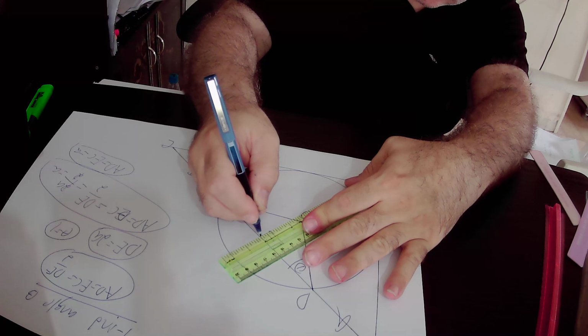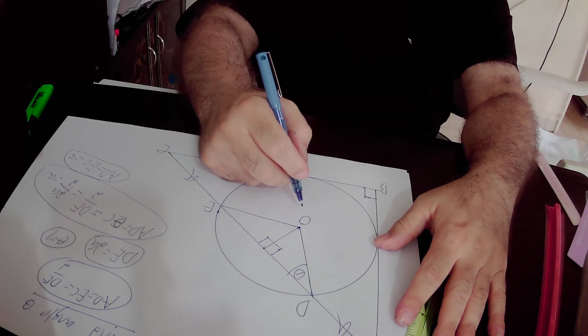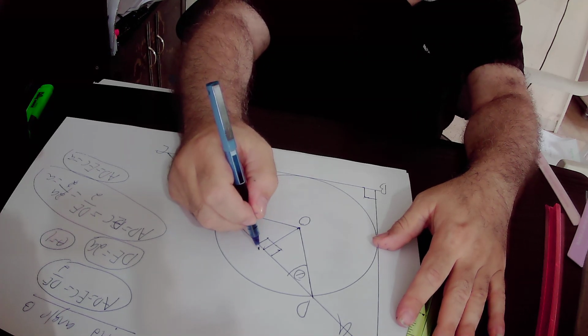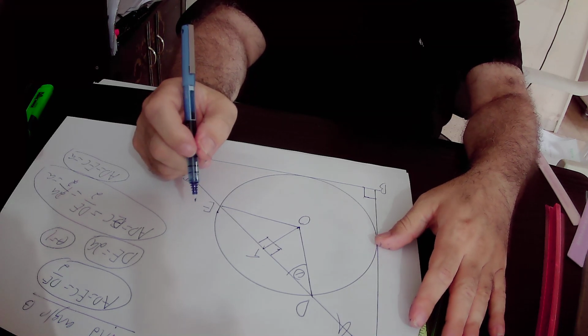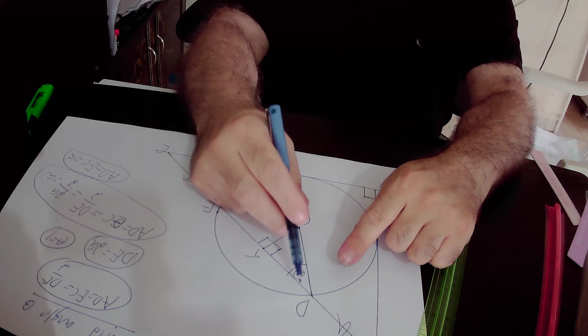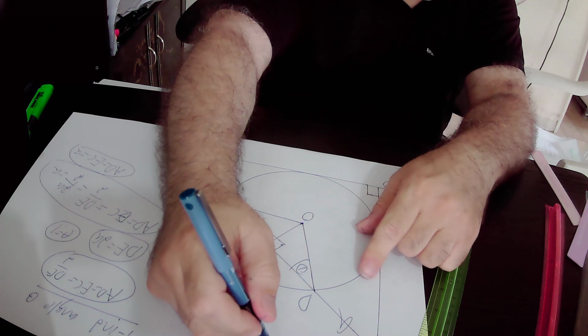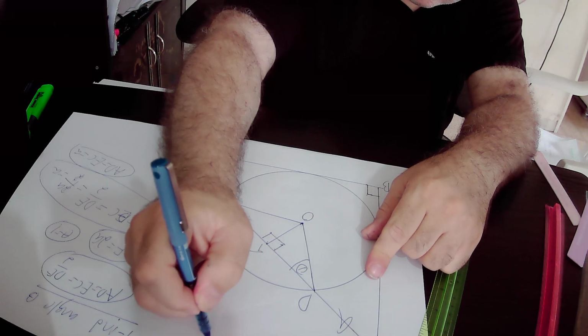According to our construction, we define the touching point of the perpendicular from point O to DE as T. So here, according to rule number 4, DT equals TE.